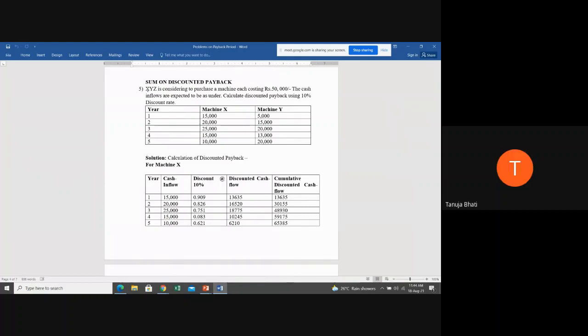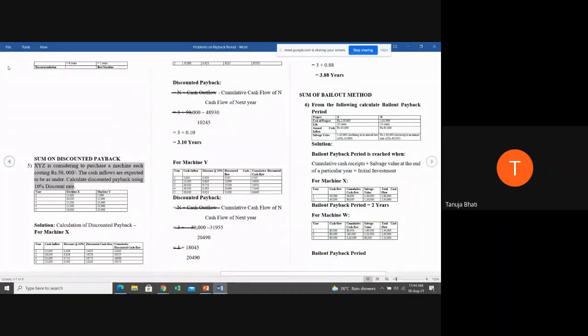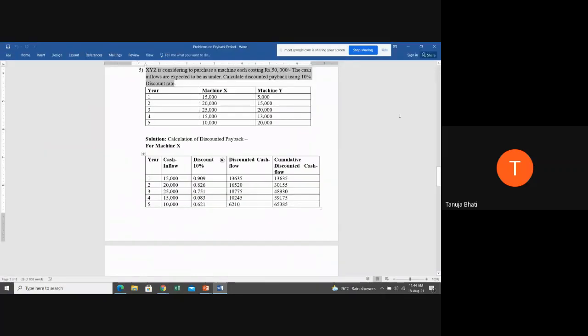Okay, so XYZ is considering to purchase a machine, each costing rupees 50,000. The machine inflows are expected to be as under. Calculate discounted payback using 10% discount rate.